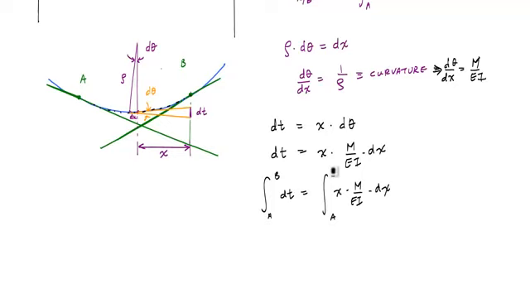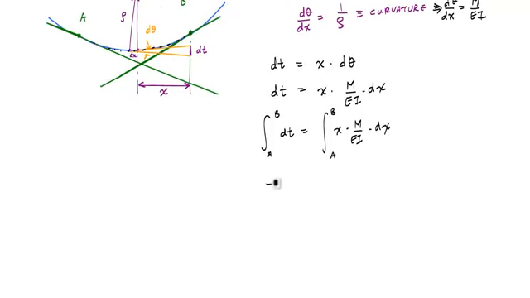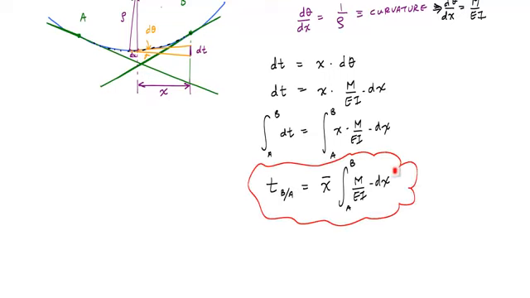By this relationship, the vertical deviation to point B from the tangent line at A is equal to this integral from A to B, which is basically the first moment of area, x bar, the centroid of that area, times M over EI times dx. And this is the second moment area theorem.